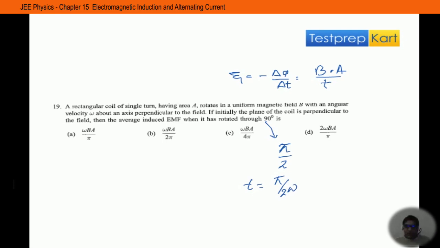Now if we substitute in this equation, then EMF is equal to B into A upon pi by 2 omega. So E is equal to 2 omega B A over pi. So the right option is option number D.